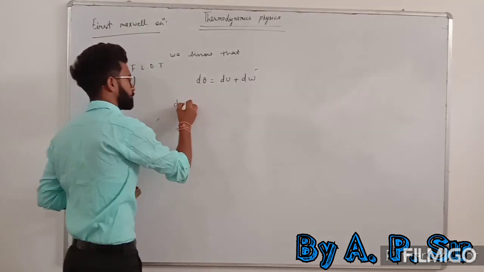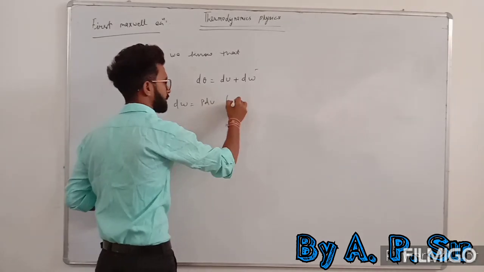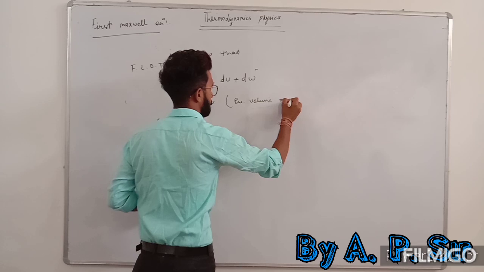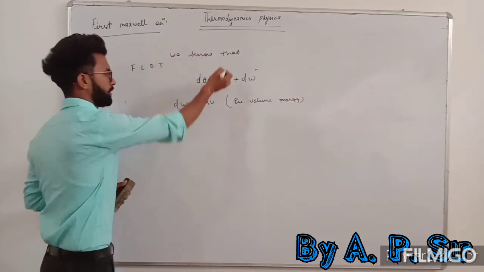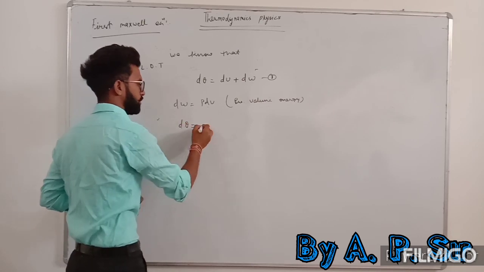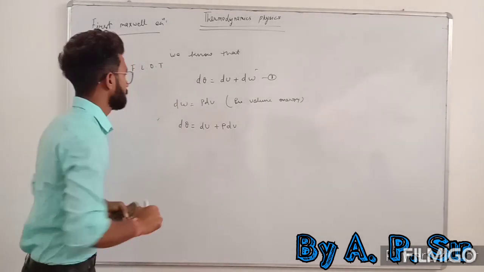Then dW equals P dV, pressure times change in volume. Put the value in equation first: dQ equals dU plus P dV.